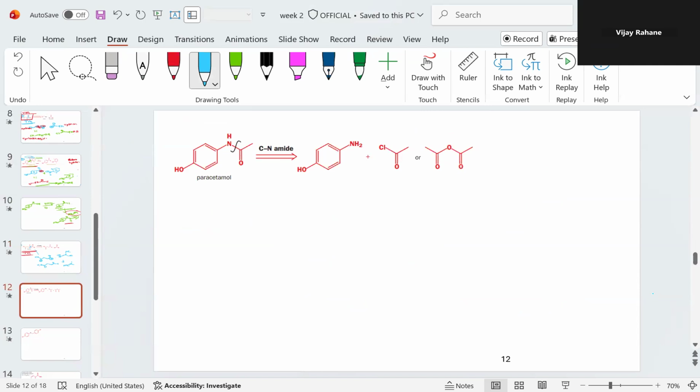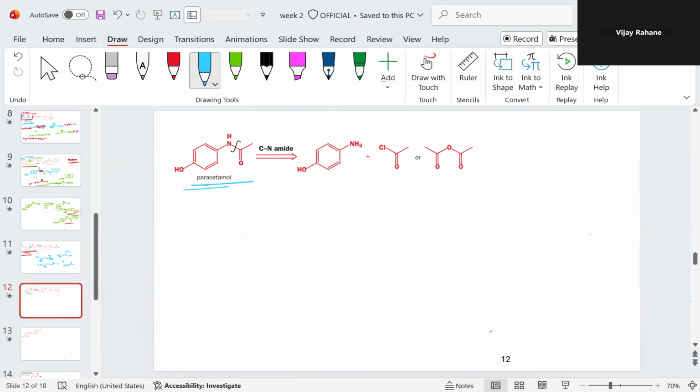So we have the next molecule, which is very common. I believe everyone has at some point taken paracetamol. This is the structure of paracetamol, a simple molecule, which is obviously an antipyretic drug, and commercially as well as widely used, right?